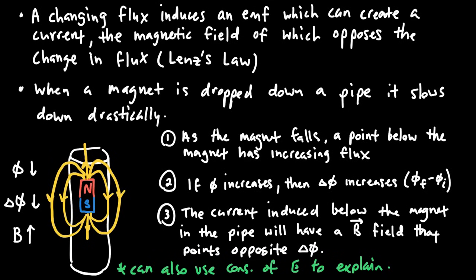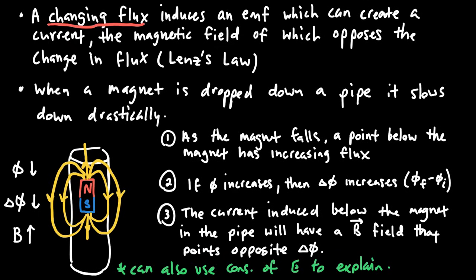Perhaps one of the more difficult topics that we've studied this year is Lenz's Law. And Lenz's Law says that if there is a changing flux, and we just talked a little bit about changing flux, that changing flux is going to induce an EMF, an electromotive force, such that it creates a current, and the magnetic field produced by that current will oppose the change in the flux.